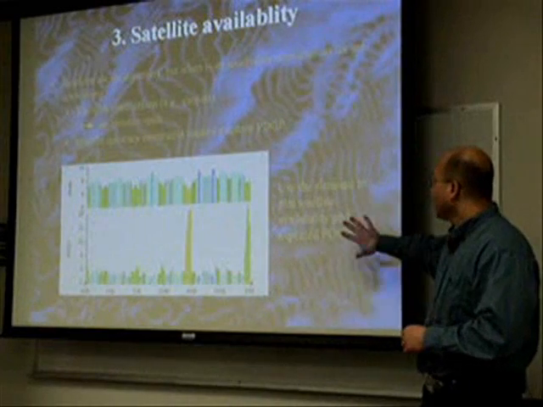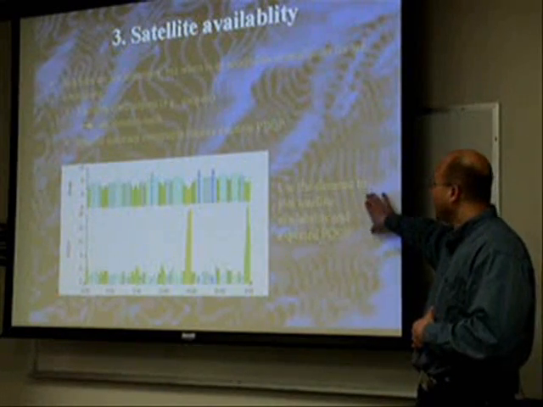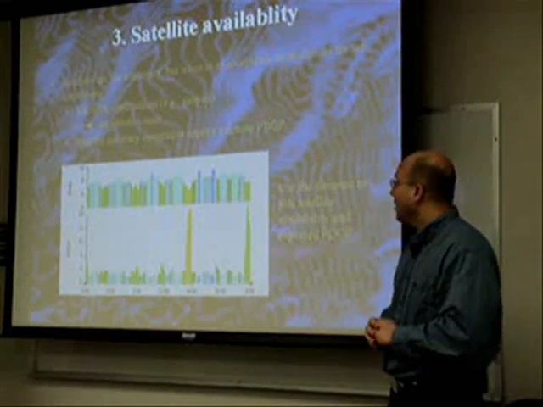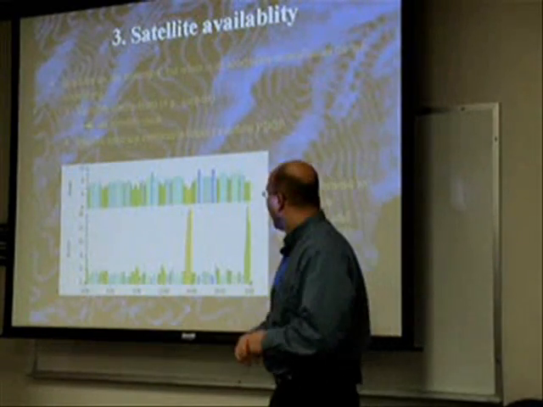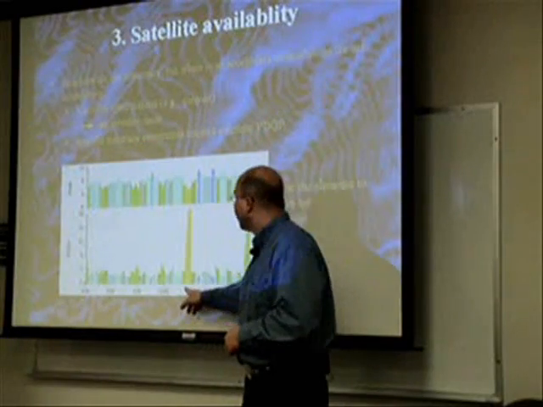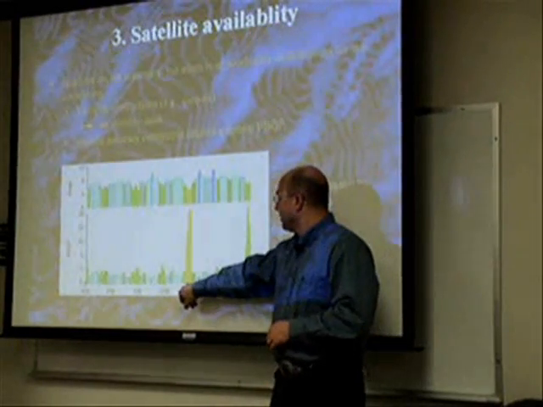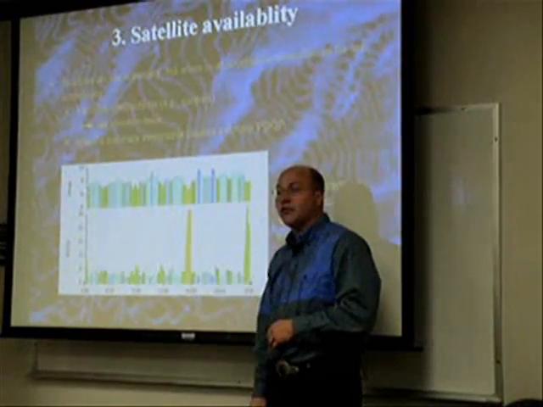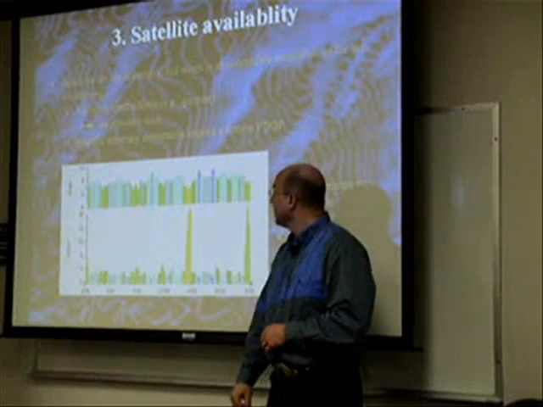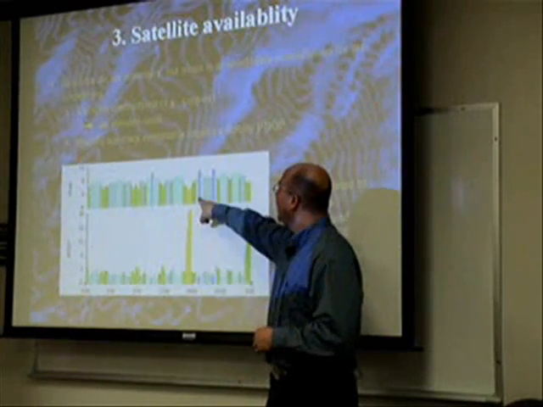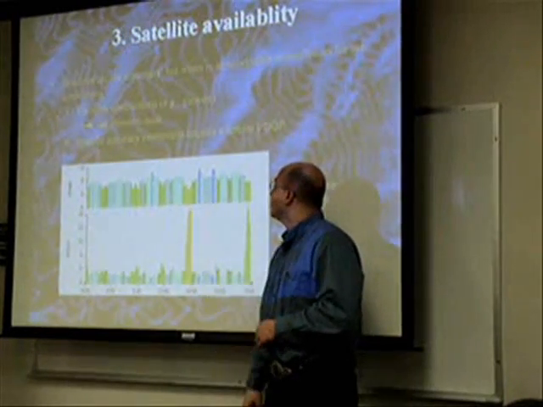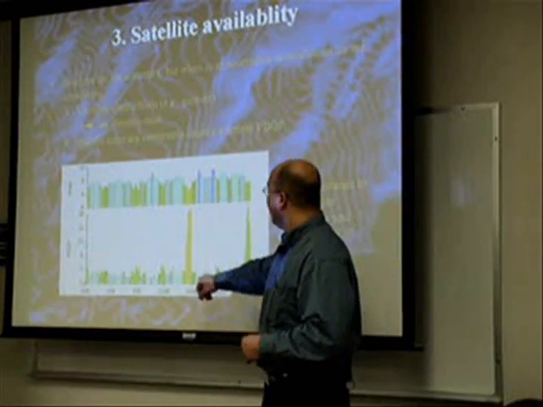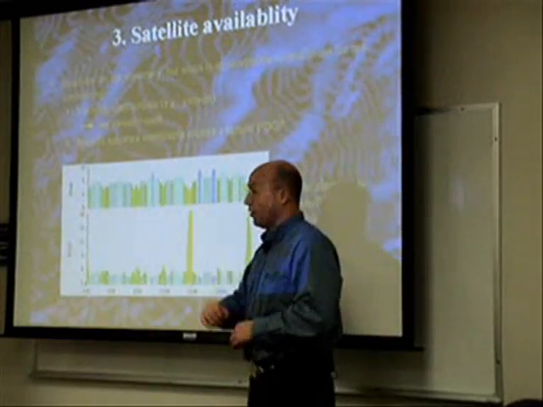Then what you can actually use to plan this is use the almanac and plot the satellite availability and the expected PDOP. Here, for example, if you planned to go out somewhere between 3 and 4 in the afternoon, then it was not a very good idea, because the available satellites drop down to 4 or 5, and your PDOP actually goes up beyond 20.